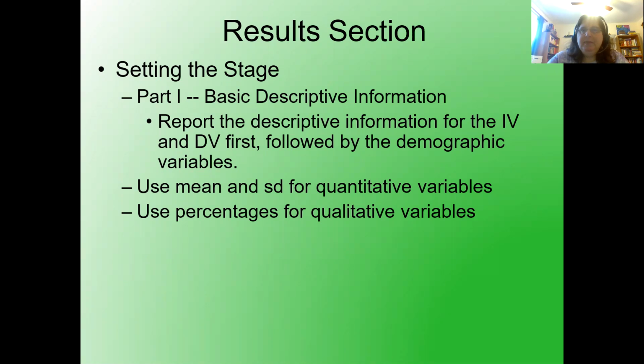This will be your dependent variable, along with any demographic variables that are continuous, like age. You're going to use percentages for qualitative variables. This includes your independent variable and any demographic variables that include categories like gender, race, year in school, etc.